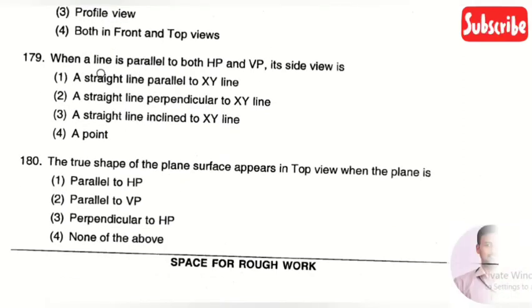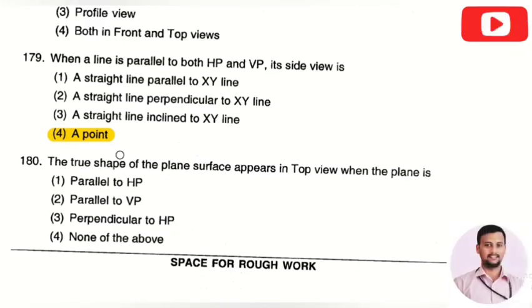The next question, when a line is parallel to both HP and VP, its side view is: first one, a straight line parallel to XY line; a straight line perpendicular to XY line; a straight line inclined to XY line; and fourth option, a point. The answer is option 4, that is it is a point. When a line is parallel to both VP and HP, its side view is a point.